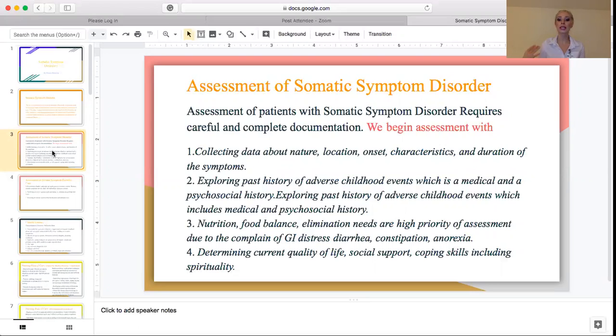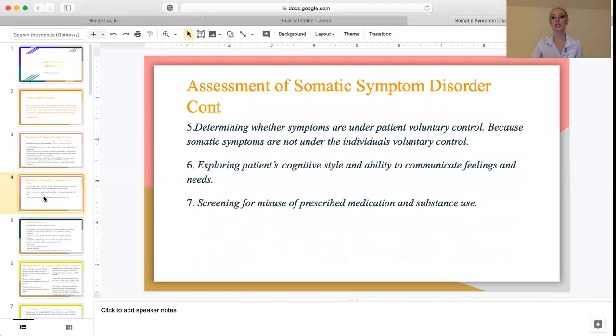Determining current quality of life, social support, coping skills, including spirituality. Are the patients able to cope with the situation that they're in? Determining whether symptoms are under the patient's voluntary control, because somatic symptoms are not under the individual's voluntary control.